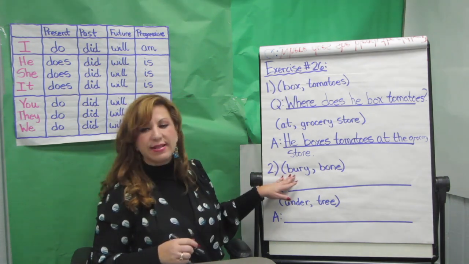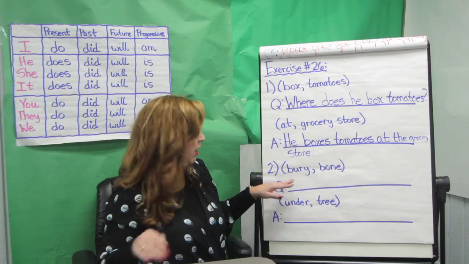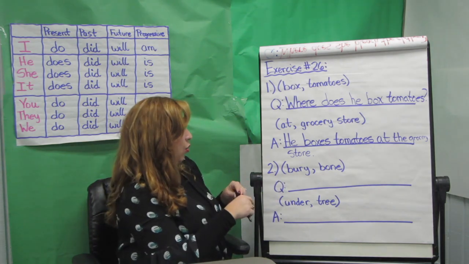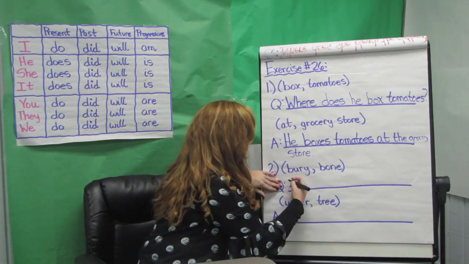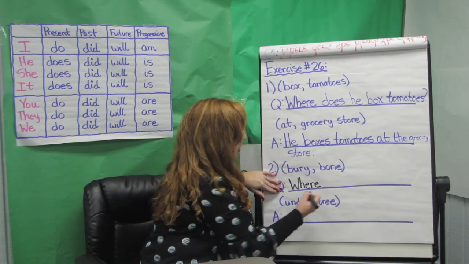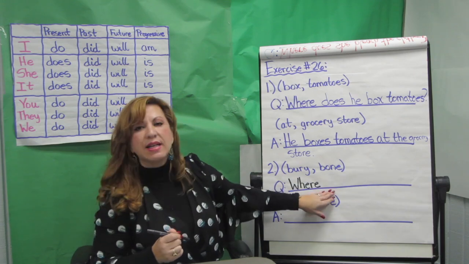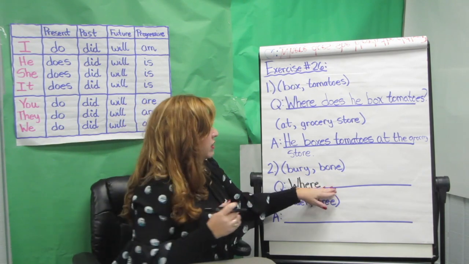In this case, as in our example, we're going to use the noun the dog. So we're going to begin with our question word, where, and we're going to use does.